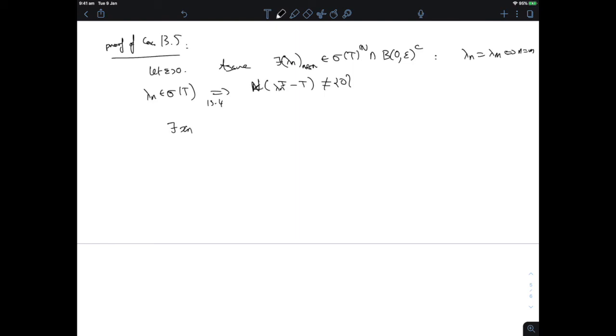So there exists a sequence x_n in the unit sphere such that lambda n x_n is equal to T x_n for all n in N. Okay, so I claim that these x_n are linearly independent.